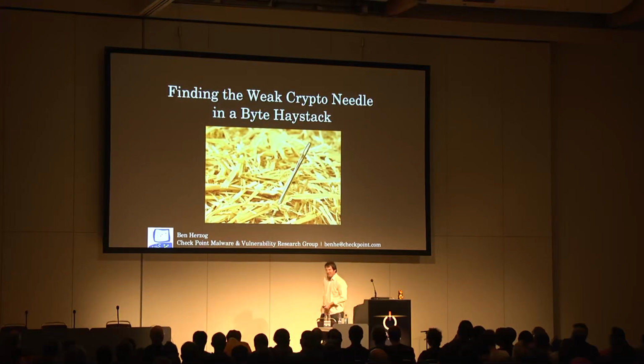Hi, I'm Ben. I'm from the Checkpoint Malware Vulnerability Research Group. This was mentioned earlier, but I felt like mentioning it again. What I do is I look at the applications of theoretical computer science to problems that we come across in the InfoSec field. And in less whitewashed terms, what this means is that I am an amateur mathematician who has infiltrated the industry somehow.